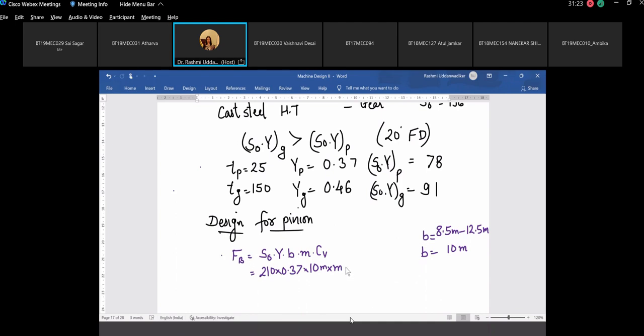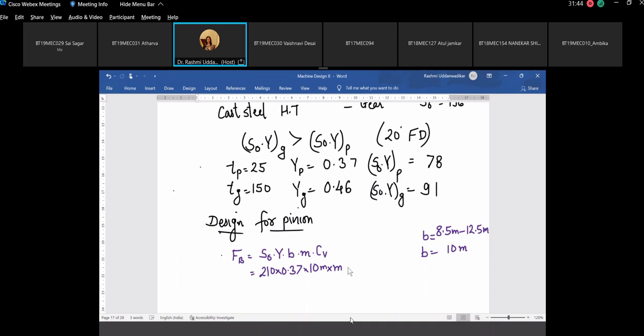So there is another way of getting the value of C_V which depends only upon the RPM. If our pinion is rotating at 1440 RPM, what is the value of C_V that we assume? As per the discussion in the last class, 0.3.